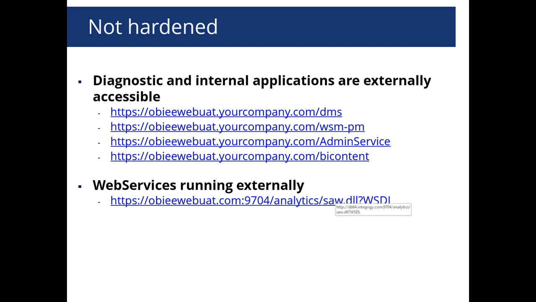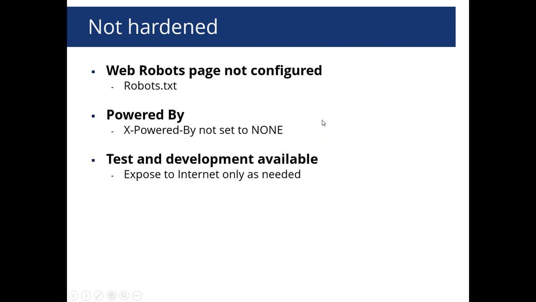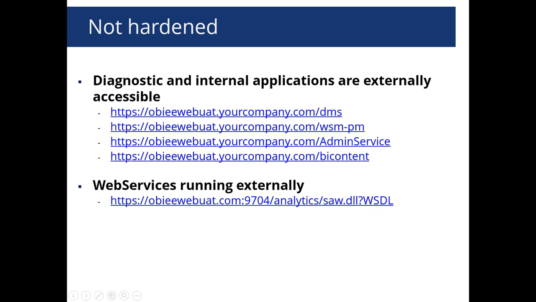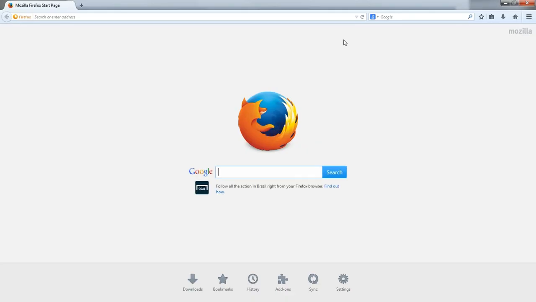Something else that we've seen with regard to WebLogic are internal services being publicly exposed. And I actually have a few examples of this that I want to share with you, as far as I've queued up. I have here just a clean Firefox version, and we have some URLs that we have found in the past as being publicly accessible.